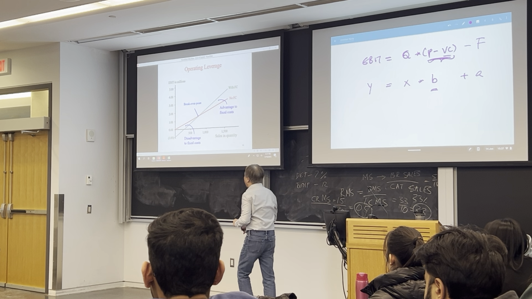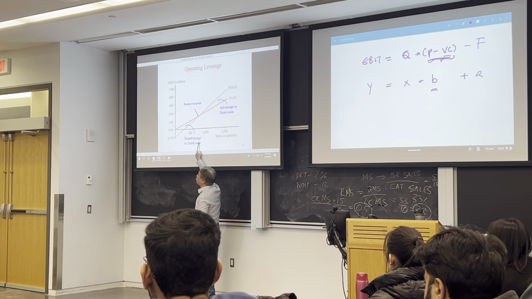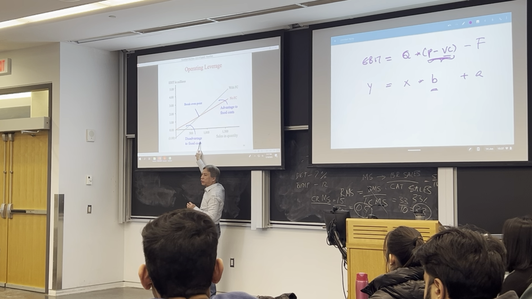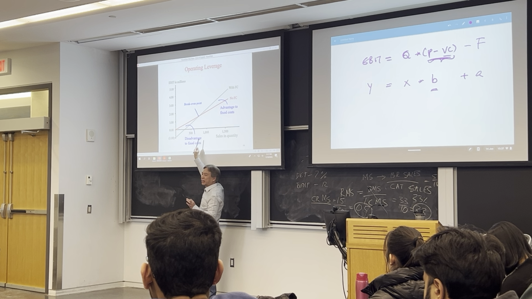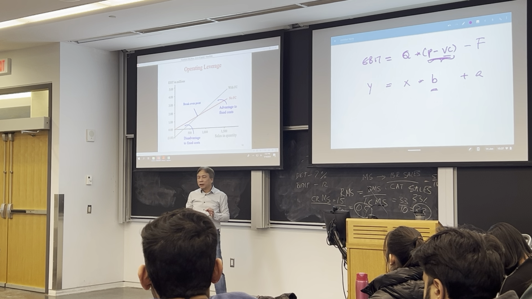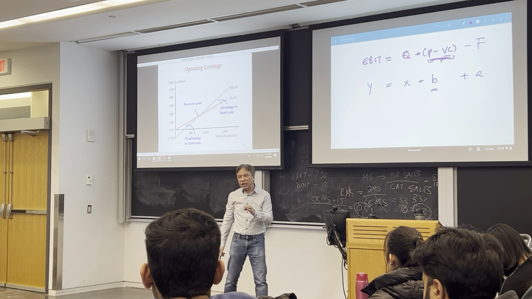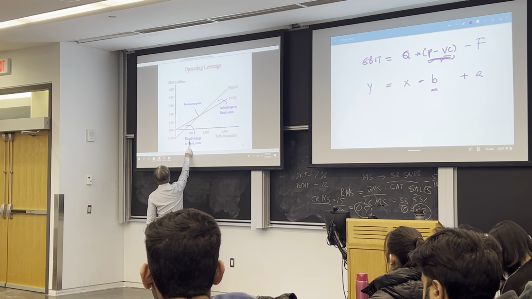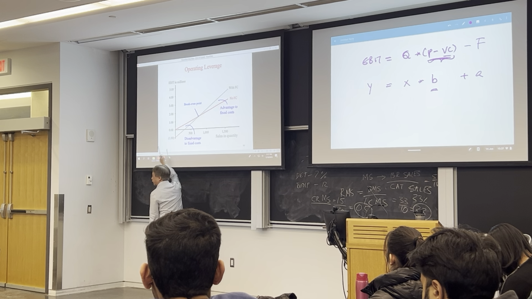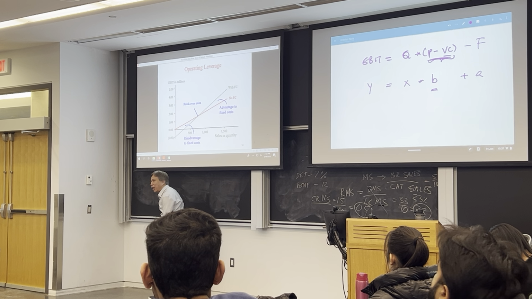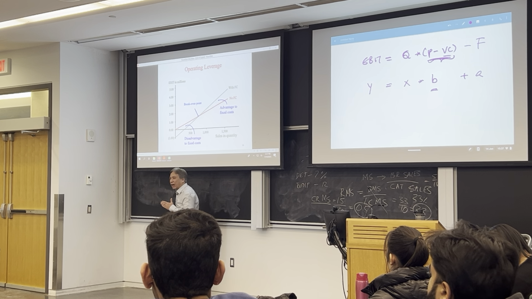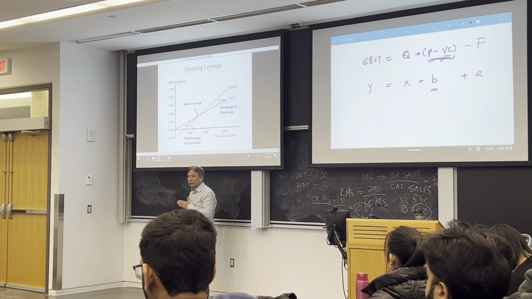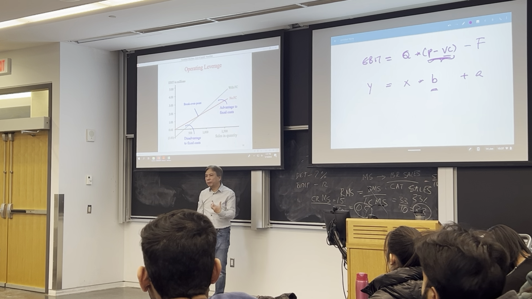That means at this sales level, the two production technologies are indifferent because they get the same EBIT. The textbook's argument is, if I use one production technology and move to the second production technology, at what sales level will I break even, right? So that's why they call it the break-even point.